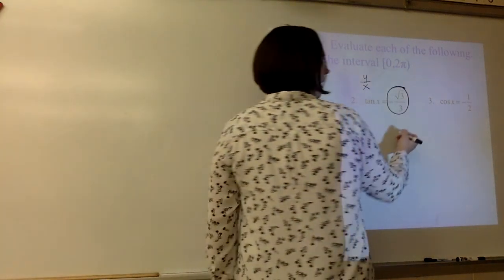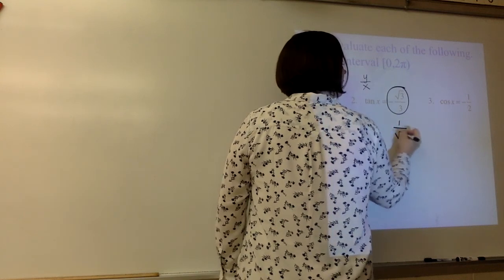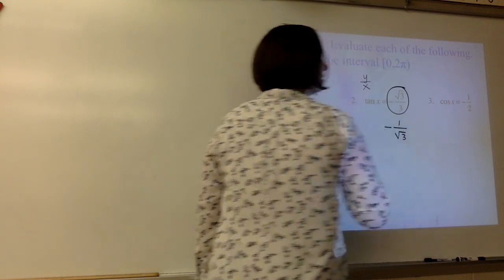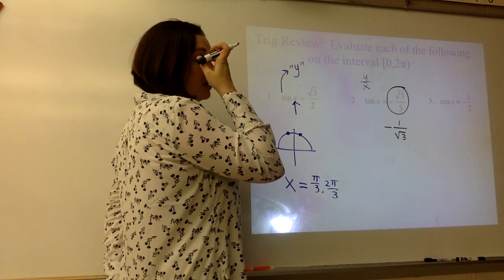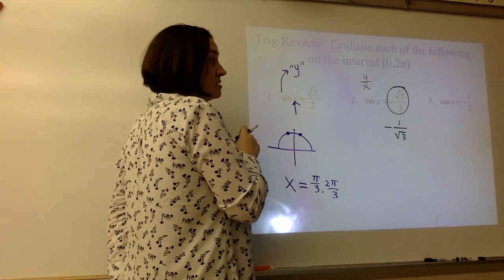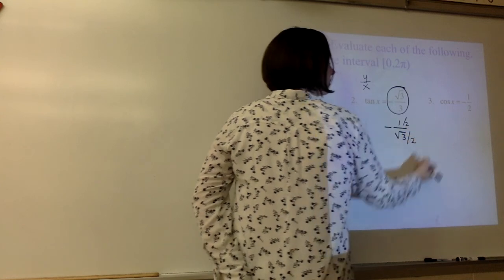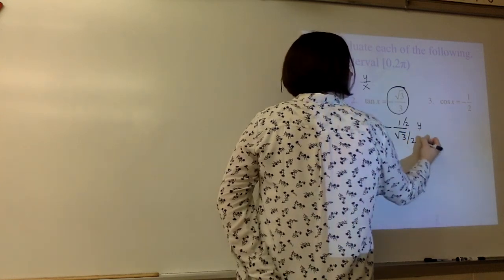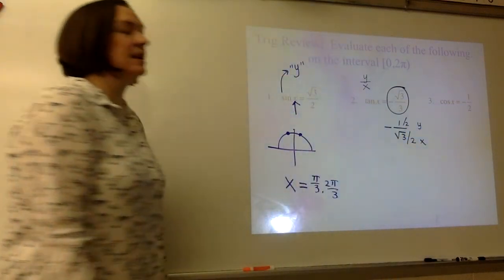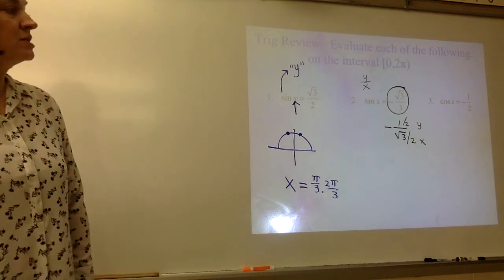I originally had what? 1 over root 3? With a negative out front. And then what were each of the denominators if we knew they were unit circle values? They each had a value of 2, which tells me this is y and this is x. Now, another key idea is determining the quadrants. And what quadrants is tangent negative?